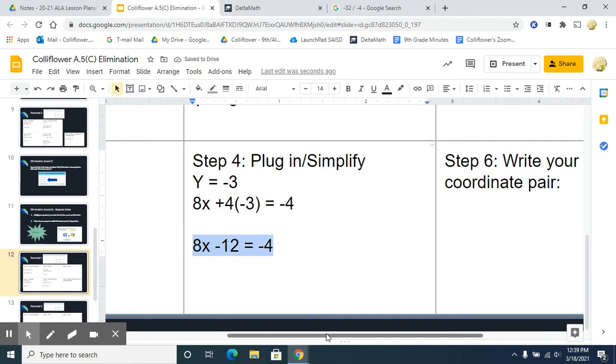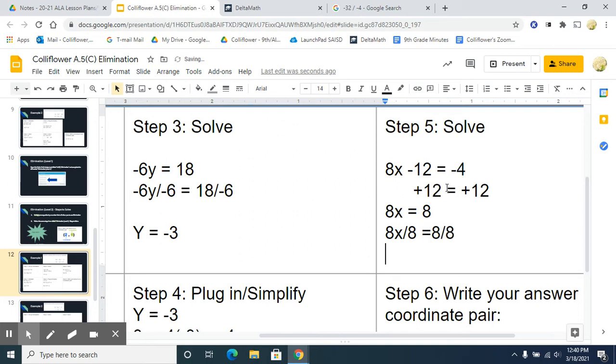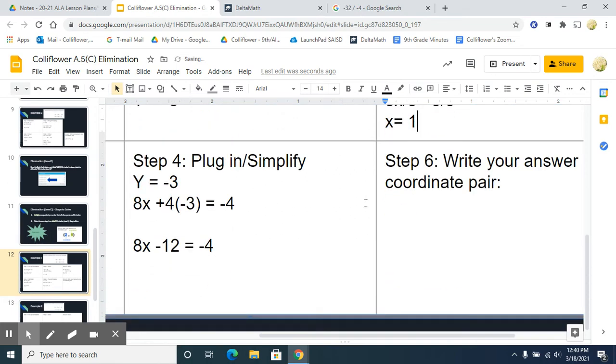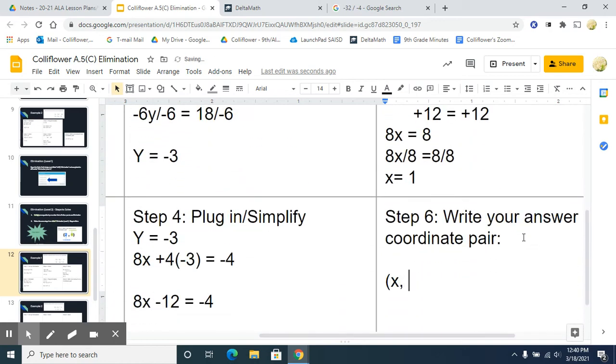Now I'm taking this equation and solving for x, first by adding 12 on both sides. Once I do that, the 12s cancel out and I get 8x equals 8. And then I'm going to divide by 8, and I get that my value of x equals 1. My answer is going to be written as x comma y, and my answer is 1 comma negative 3.